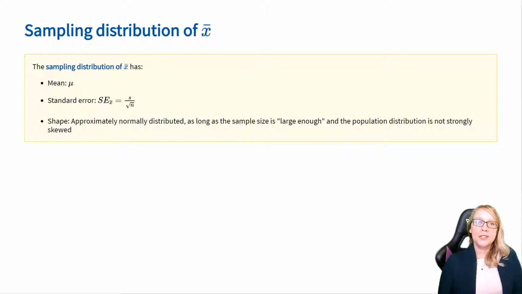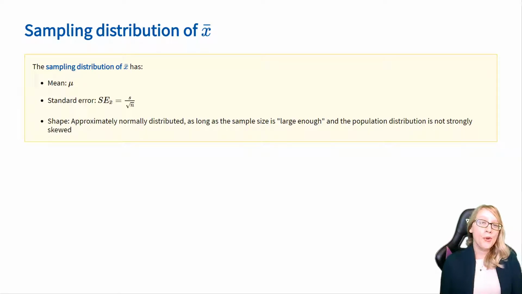Now let's focus on a particular sampling distribution, the sampling distribution of the sample mean x bar. The sampling distribution of the sample mean x bar has the following properties. The mean of this sampling distribution is the population parameter, or the population mean mu. The standard deviation of this sampling distribution, there's actually two forms that we might use here.